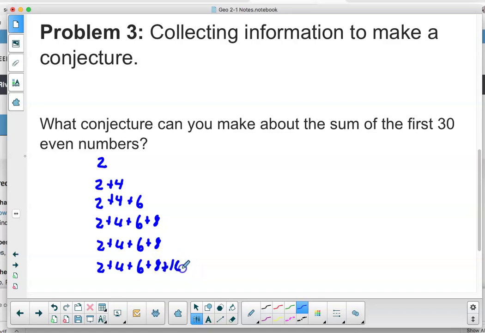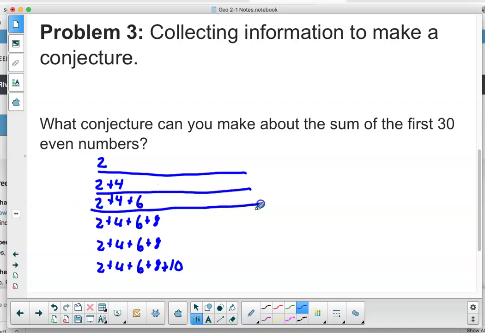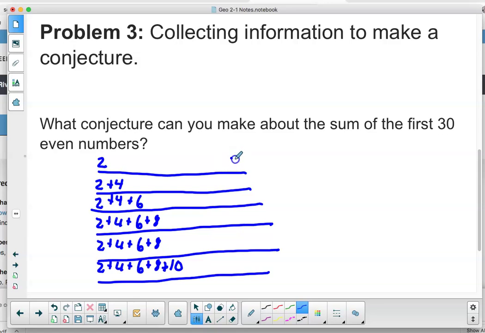Now let's talk about what these sums are. Okay, so let's look across, and I've got sums coming across. Let's see if I can make some straight lines here. My little table to help us out. So I've got 2, I've got 6. And this is my first one, my second one, my third one, my fourth one, my fifth one, my sixth one, and then I'm going to add this, and it's going to be 12.